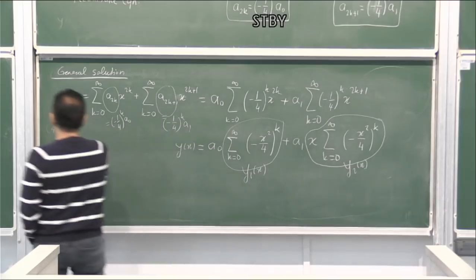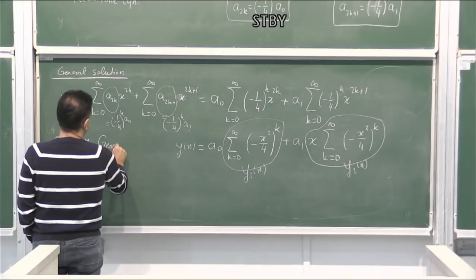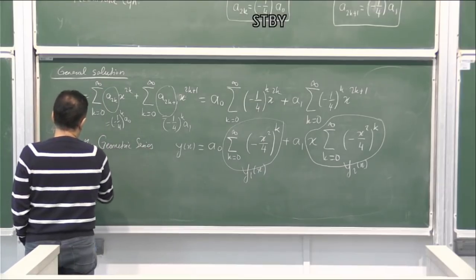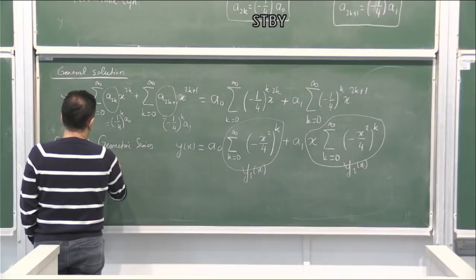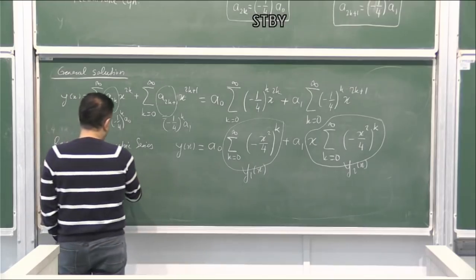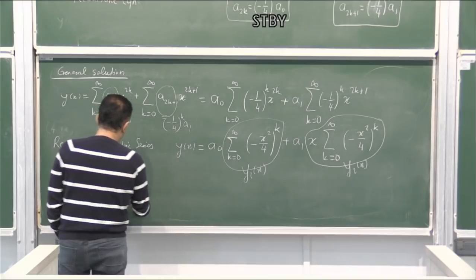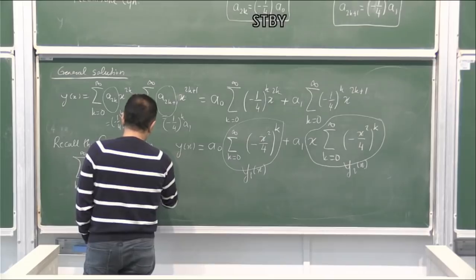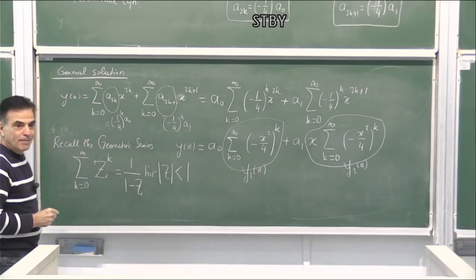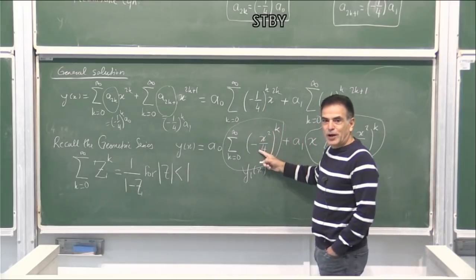So if we recall the geometric series, what is it? The sum of z to power k from 0 to infinity converges to what? 1 over 1 minus z for absolute value of z smaller than 1. Okay? So this is the geometric series with z equal to minus x squared over 4.